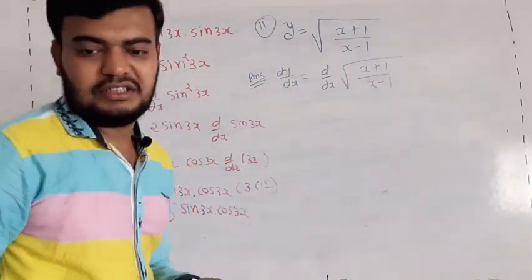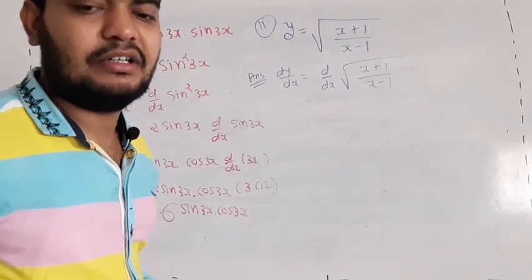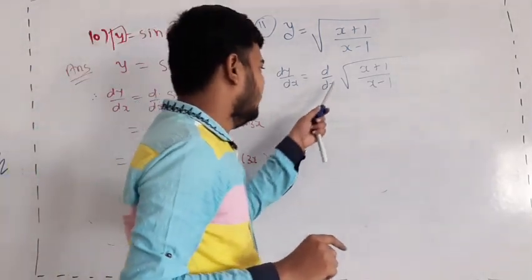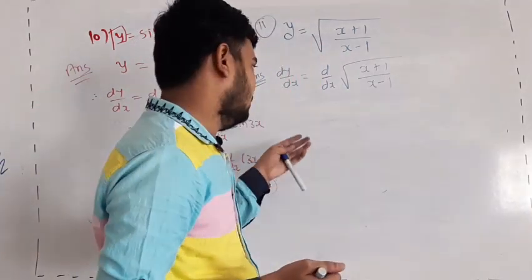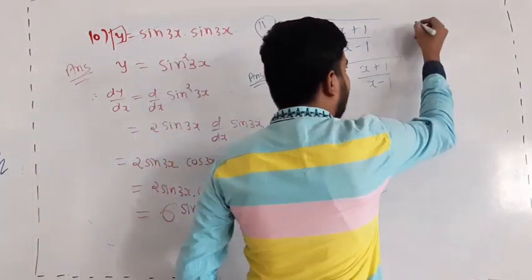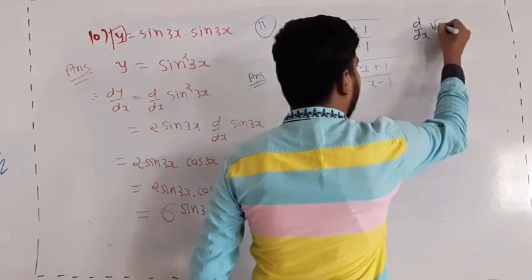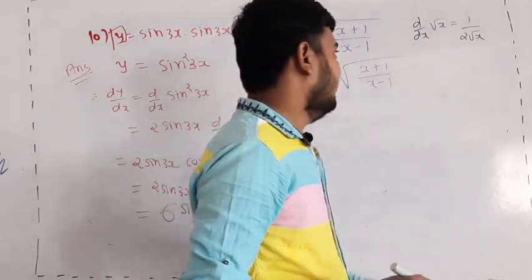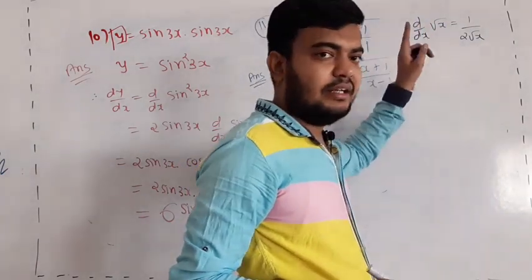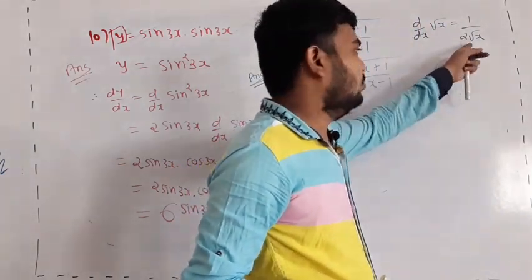First we differentiate the power, because the square root comes first. We know that d by dx of root of a variable is 1 upon 2 root variable. If x is in the square root, it is 1 upon 2 root x.